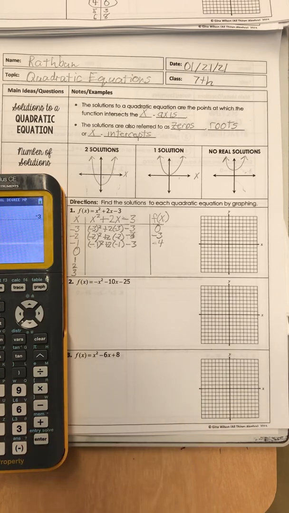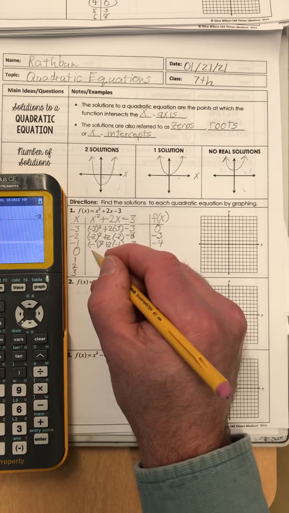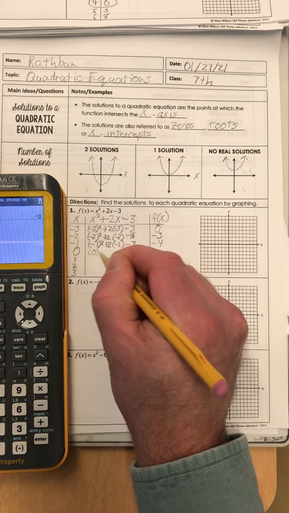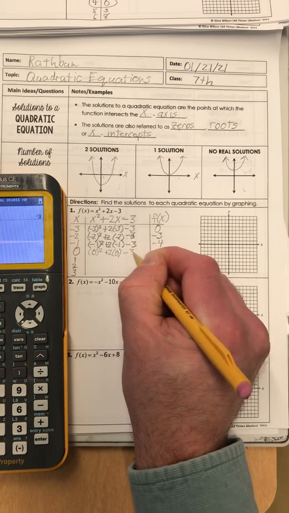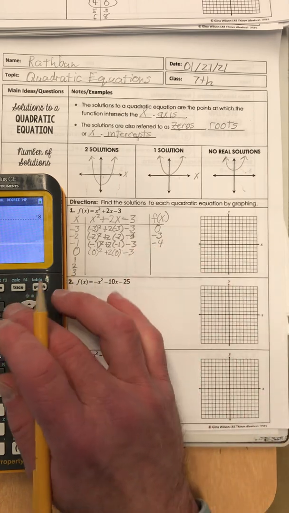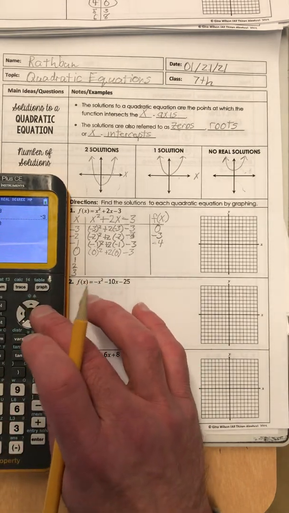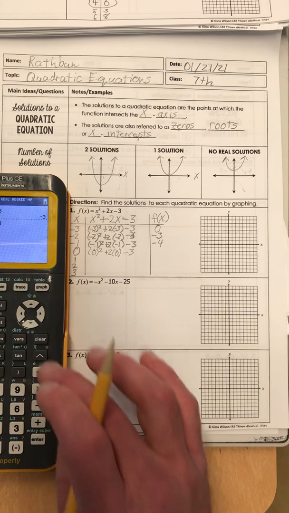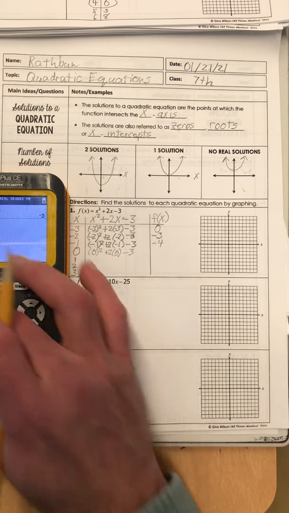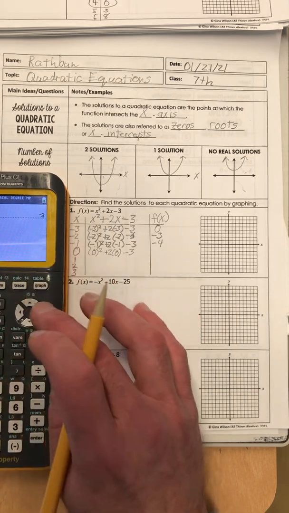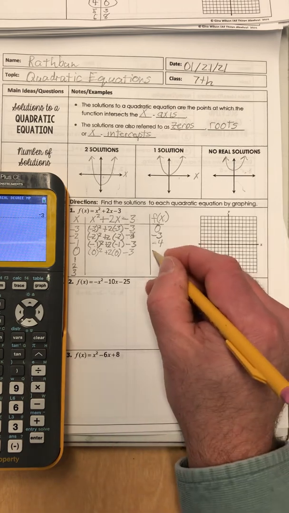I can just pull that back up with the arrow button. And this time we're going to have 0 squared plus 2 times 0 minus 3. Well, do we really need a calculator to do that one? What's 0 squared? And 2 times 0? Okay, so 0 plus 0 is 0. Minus 3? Okay.